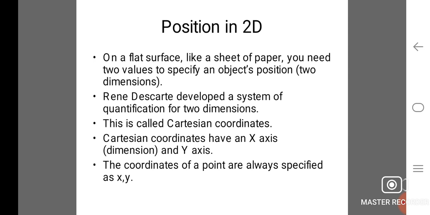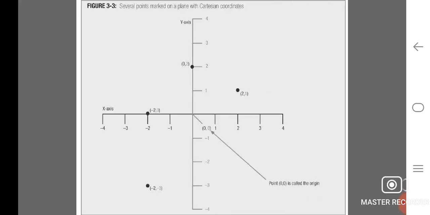The coordinates of a point are always specified as x, y. So these are several points marked on a plane with Cartesian coordinates, along with the x-axis and y-axis with the x and y values. In the center, point 0, 0 is called the origin point of this diagram. So we are specifying 4 kinds of values: 2, 1; 0, 2; -2, 0; and -2, 3.